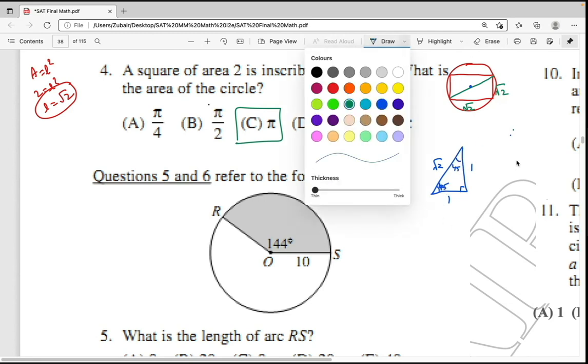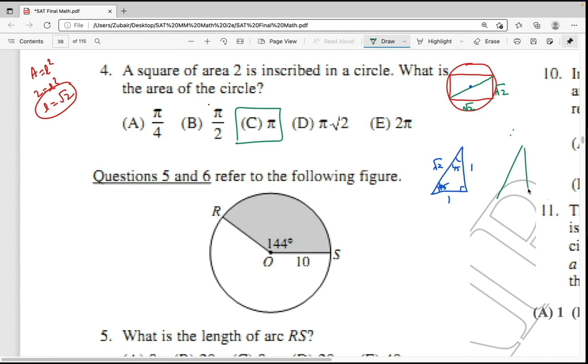And a quick reinforcement: if this is 7, 7, this is 7 square root 2. So if I see that this side is square root 2 and the other side is also square root 2, I know whatever it is, I have to multiply that with square root 2, which brings me to 2.